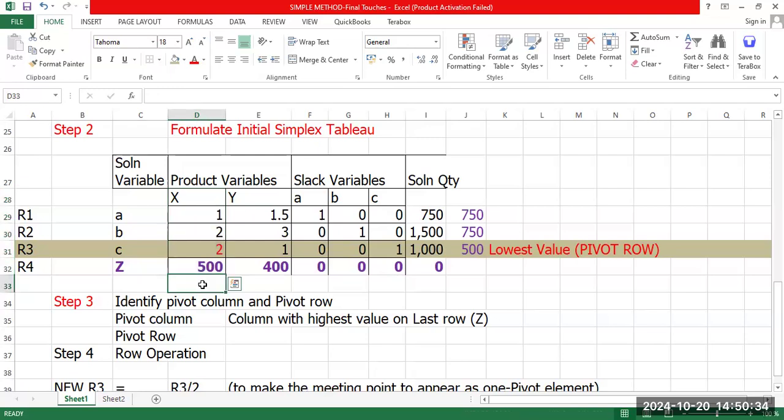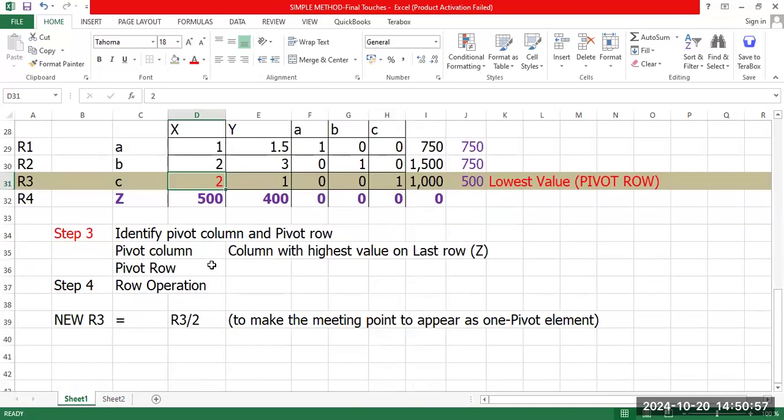We want to see someone who is marking you. He or she wants to see the next table. He or she wants to see that this value is 0, this value is 0, this value is also 0. Pivot element 1, or the meeting point must be appearing as 1, your next table.